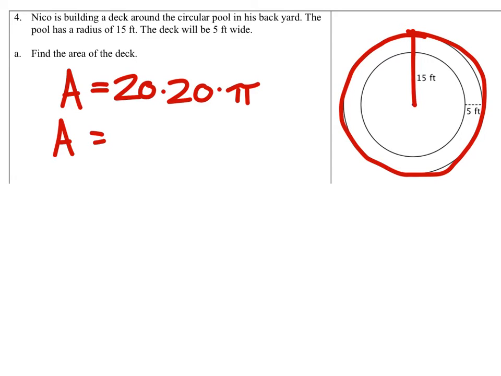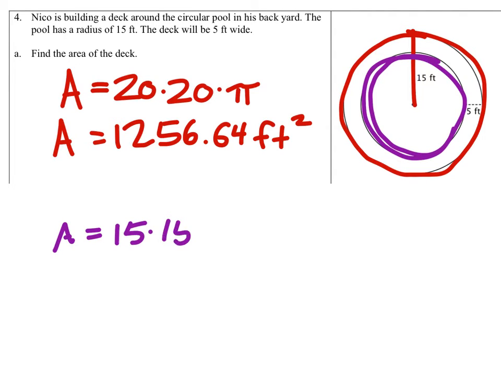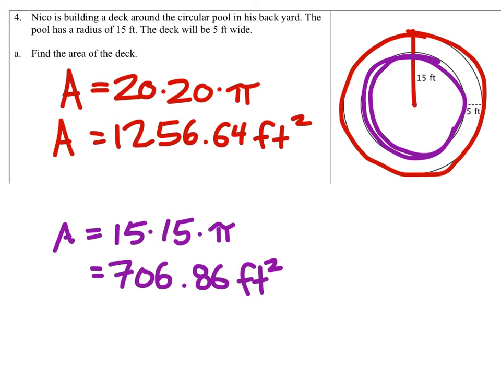So this appears to give us, I rounded this to 1,256.64 square feet. Now, that was the area of the whole thing, but we're going to subtract the area of the pool. And that area is given by a radius of 15, so 15 times 15 times pi, which gives us the area of the smaller circle, which is also the pool.